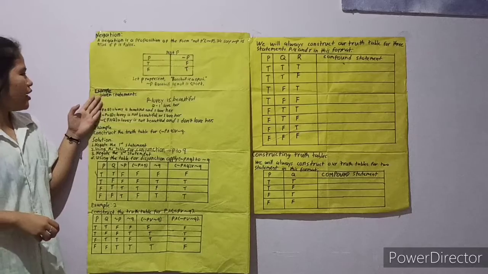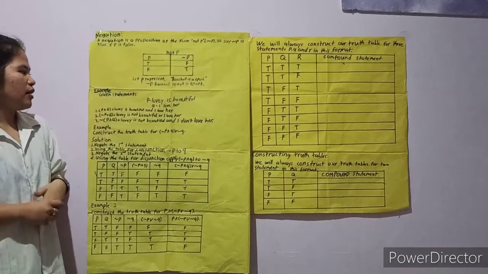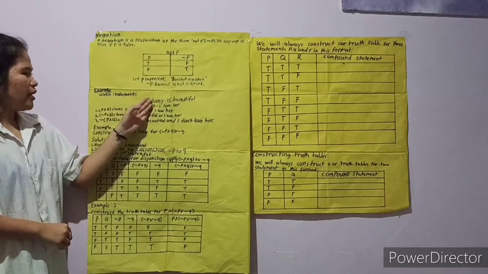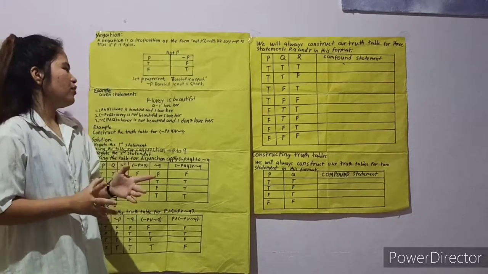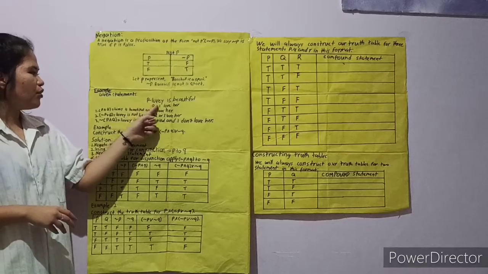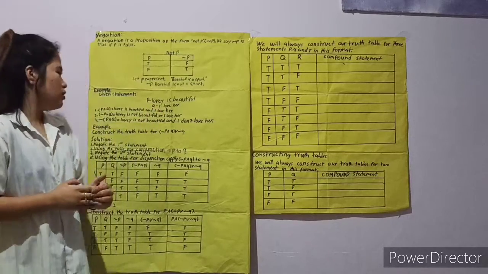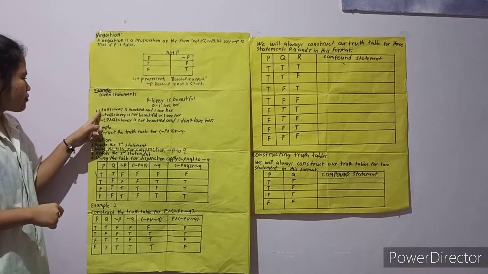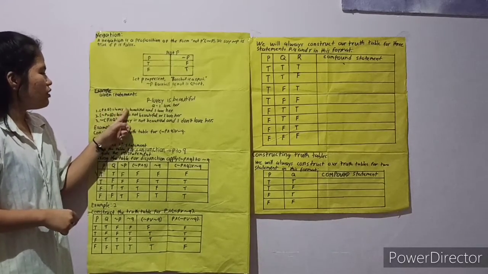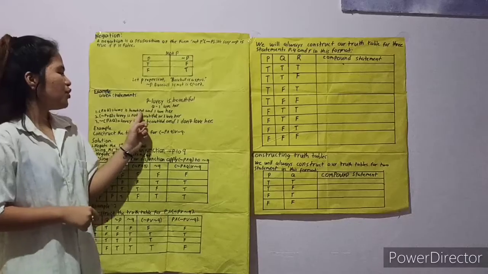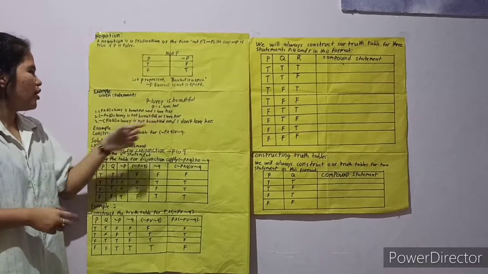We have here an example of given statements. The letter P represents lovely is beautiful, and Q represents I love her. Here, P and Q: lovely is beautiful and I love her.